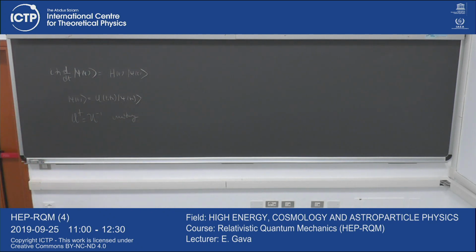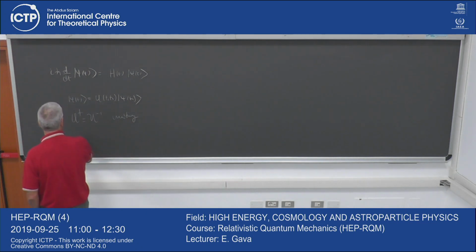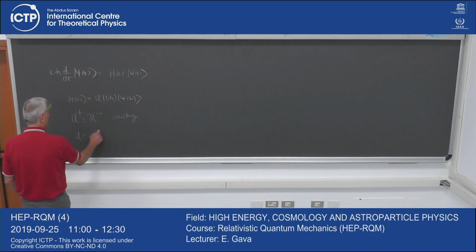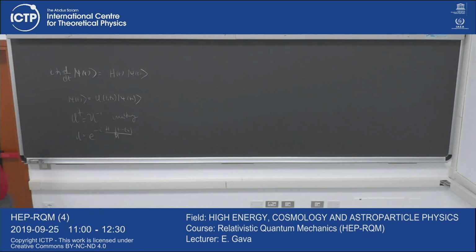In the simplest cases where the Hamiltonian is time independent, this is a very simple operator. It is the exponential of minus i H (t minus t naught) over h bar. This is the time evolution operator.